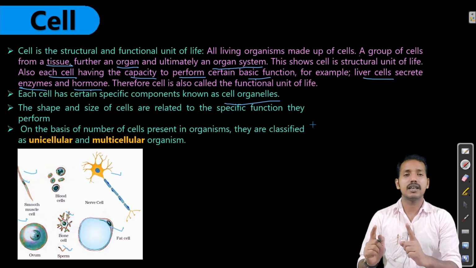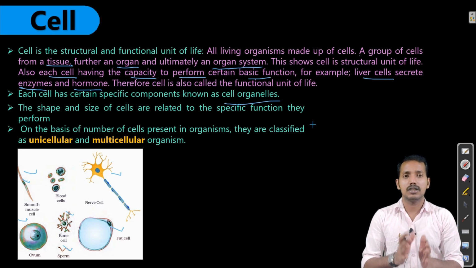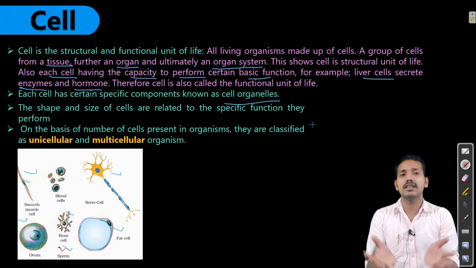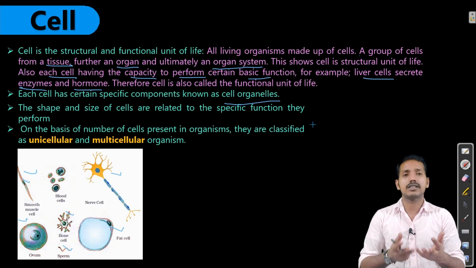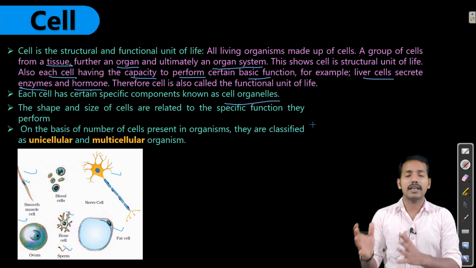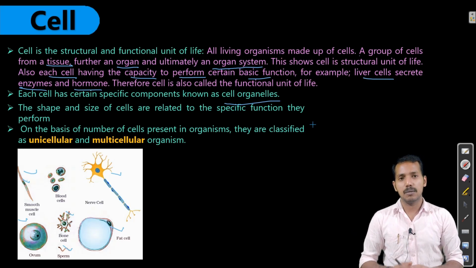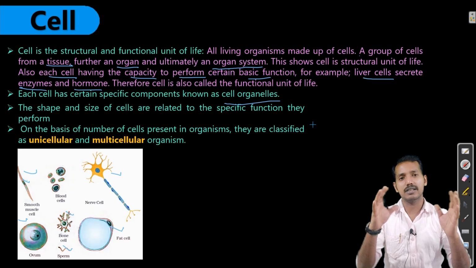Uni means single. So unicellular means the organism which is made up of a single cell. For example, bacteria, paramecium, amoeba. These all are examples of unicellular organisms because their body consists of a single cell.